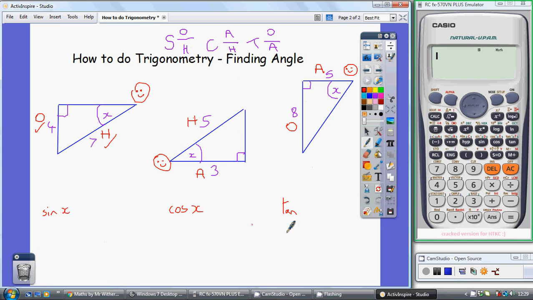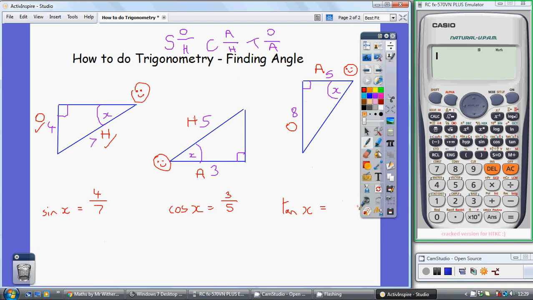The ratio has to be the right way around. This has to be opposite divided by hypotenuse, so 4 divided by 7. Similarly here, adjacent divided by hypotenuse, so 3 over 5. And over here it's opposite divided by adjacent, so 8 over 5.